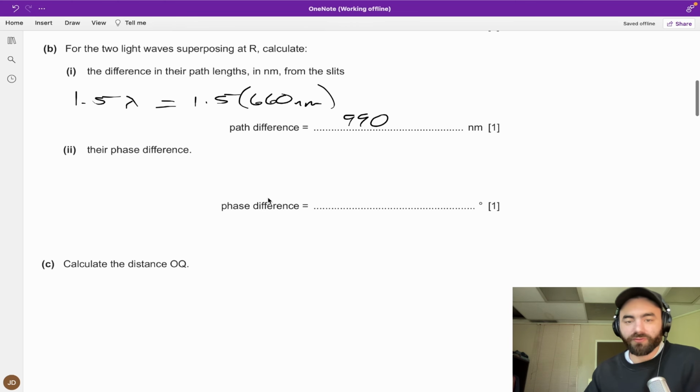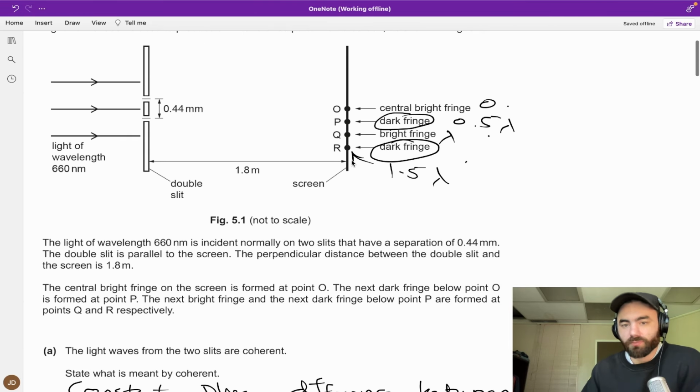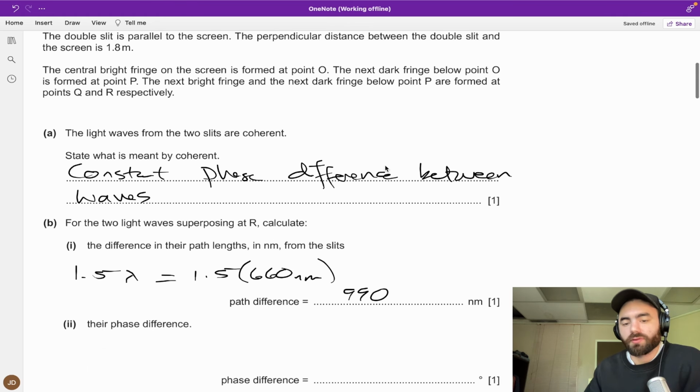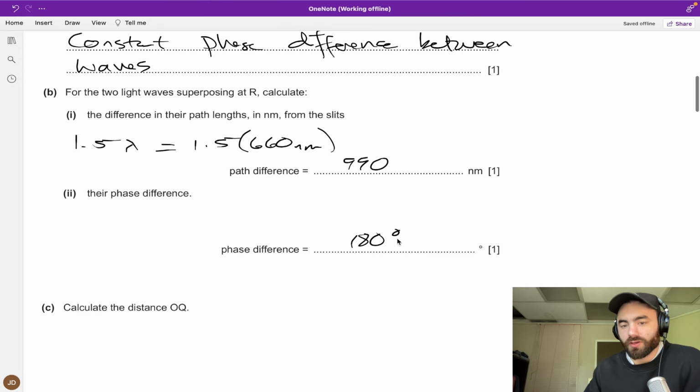Okay, their phase difference, well, simply it's a dark fringe, so their phase difference will be 180 degrees. Because when two coherent waves are out of phase by 180 degrees, they're going to be destructively interfering. I guess if you wanted to be more specific, you would say 1.5 times 180, but it's the same thing because it's a cycle, right?